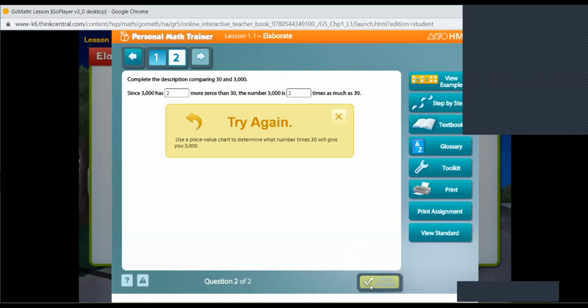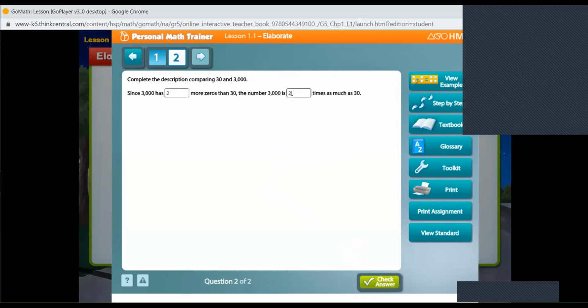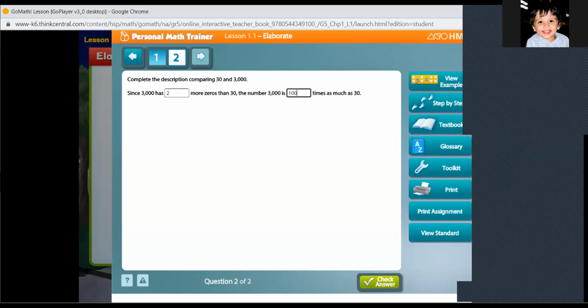The number 3,000 is 100 times as much as 30, because for 30 you need to multiply with 2 more zeros to get 3,000.